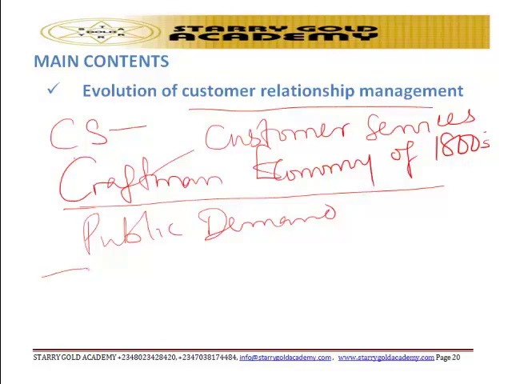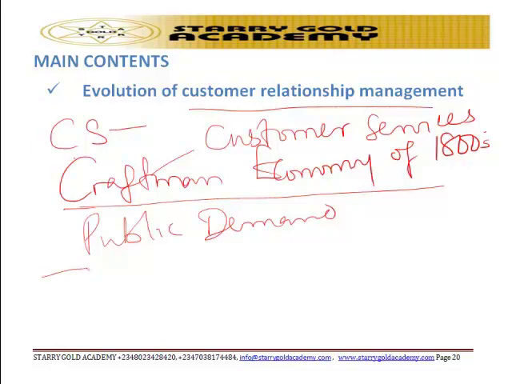So the advent of technology encouraged and facilitated the need for mass production of goods. As a result of that mass production of goods, there was an increase in the power of suppliers, because suppliers were few and demand was very high.